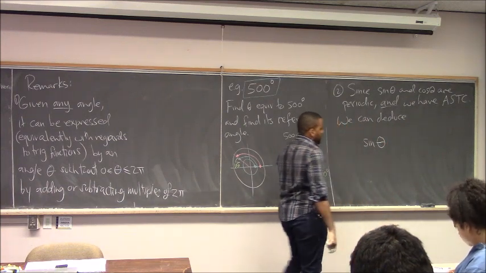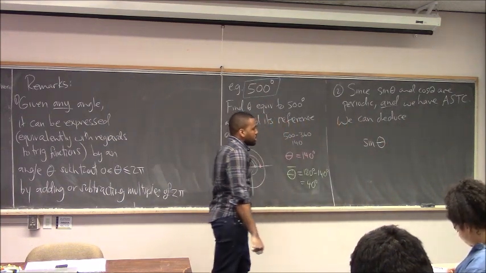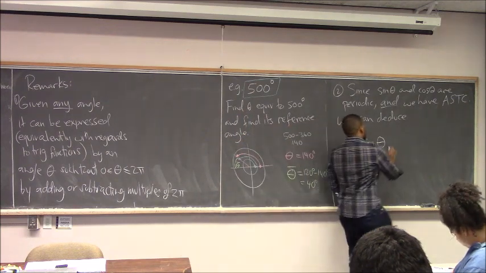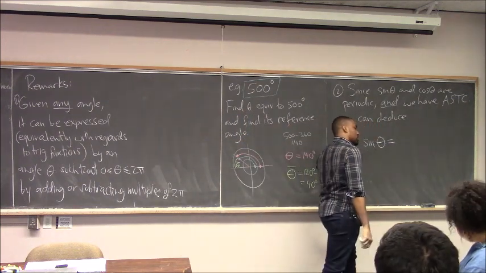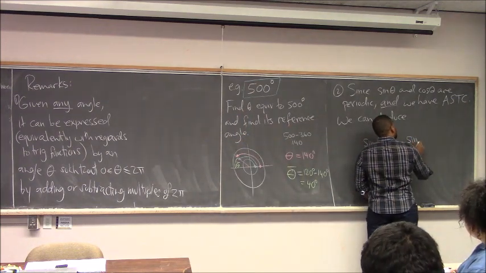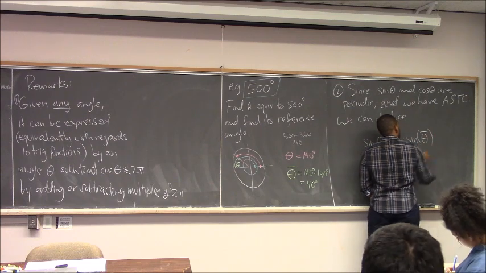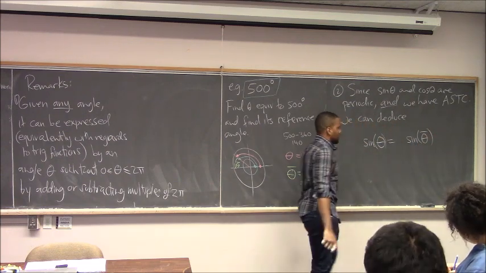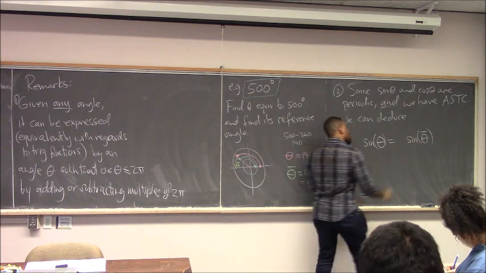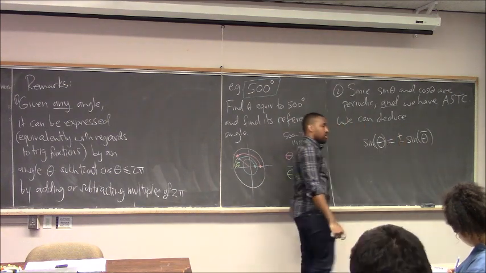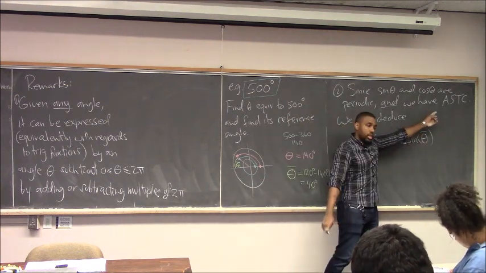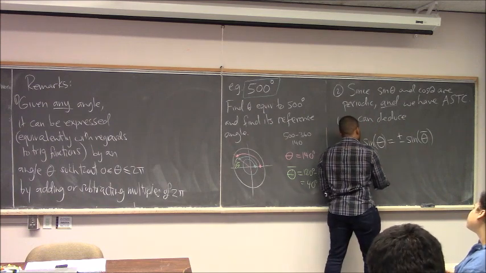Given the sine of any angle, which I can get to be between 0 and 360, it's going to give me an equivalent value of sine evaluated at the reference angle. What's the difference? It can take a positive or a negative sign based on "all students take calculus". Similarly with the cosine.